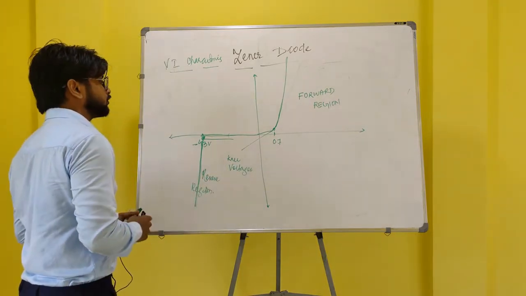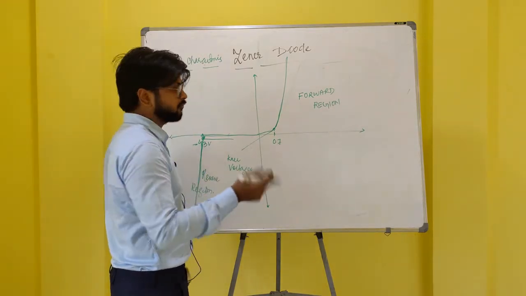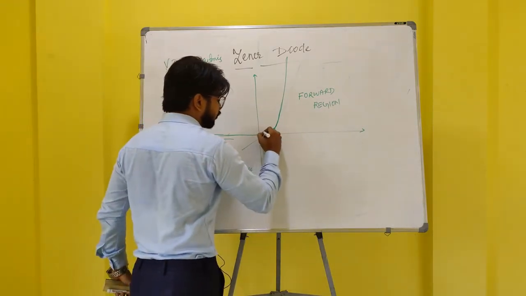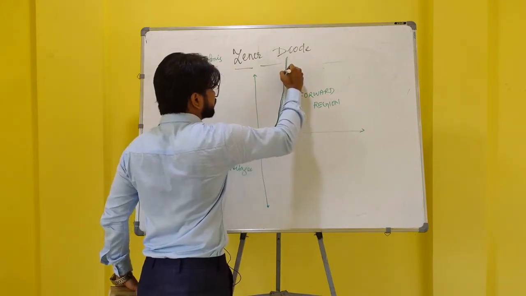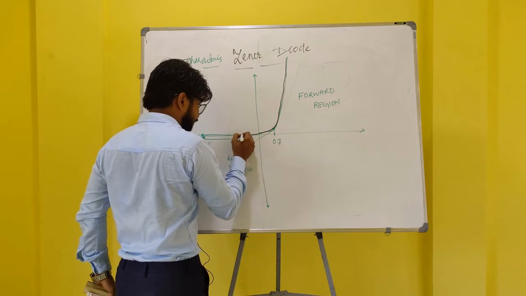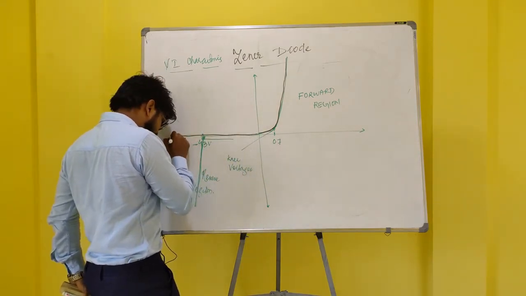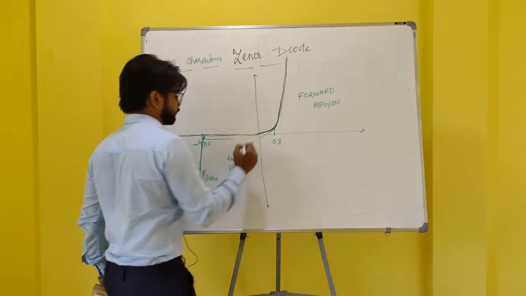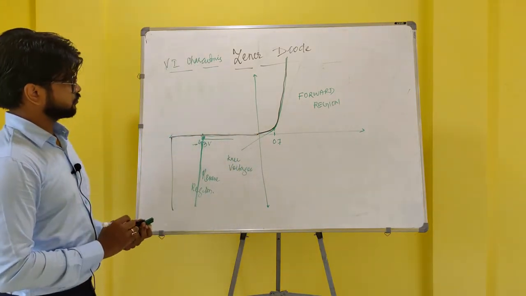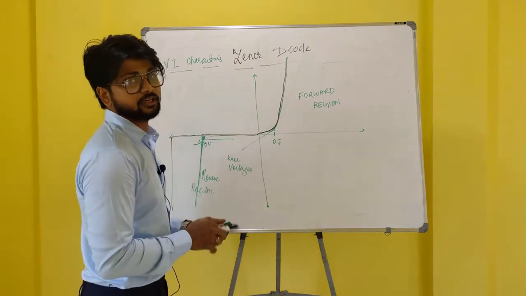Now let us compare the VI characteristics of a normal diode with a Zener diode. A normal diode also behaves in this manner in the forward direction, but in reverse bias condition it does not conduct and reaches a breakdown point where the diode is destroyed. So we are clear about the VI characteristics of a Zener diode.